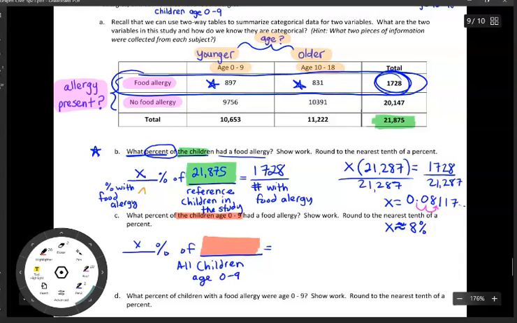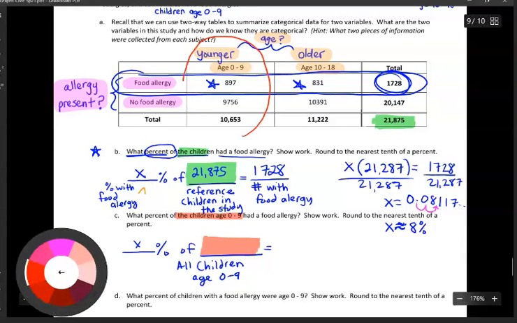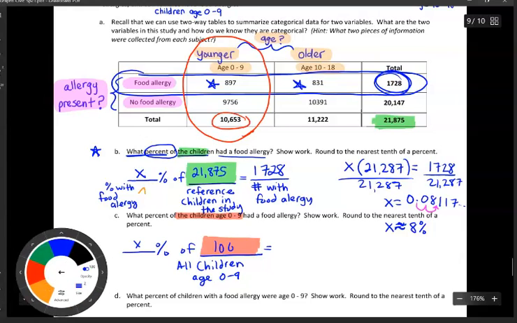So when I look at my table here, all children in this column are age 0 to 9. So that's a total of 10,653 children. Now, some of those younger children have food allergies. Some of them do not have a food allergy. But there are 10,653 of those younger children in the 0 to 9 age category altogether.